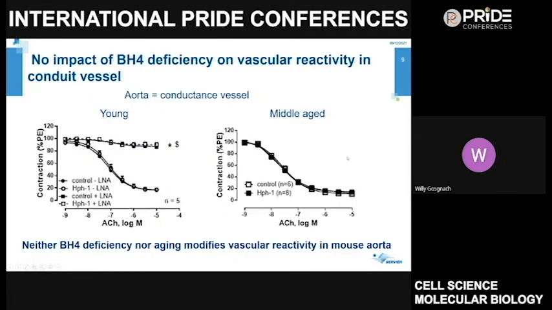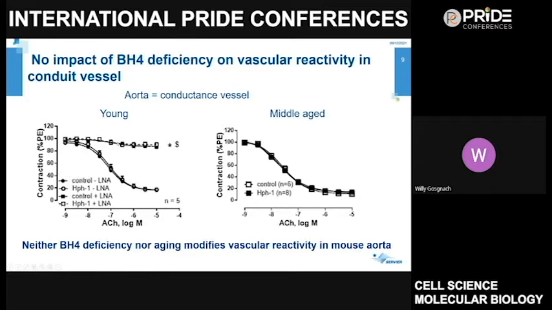We thus wondered if there is a consequence in nitric oxide dependent vasodilation, that is to say, in the production of nitric oxide when the nitric oxide synthase is stimulated. We saw that in young animals, there is a clear vasodilation dependent on acetylcholine concentration.